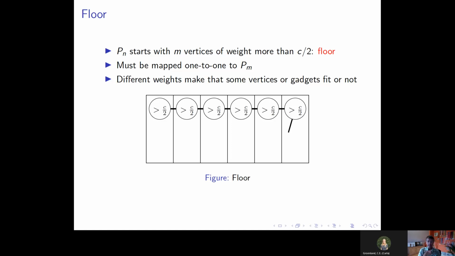And by taking these floor vertices with different weights, we can make sure that the amount of weight left is different at different vertices, and in this way we can make sure that some vertices fit somewhere and some others don't fit somewhere.